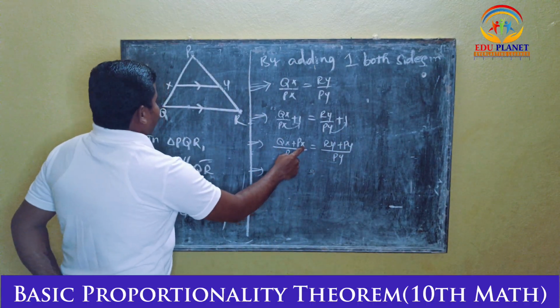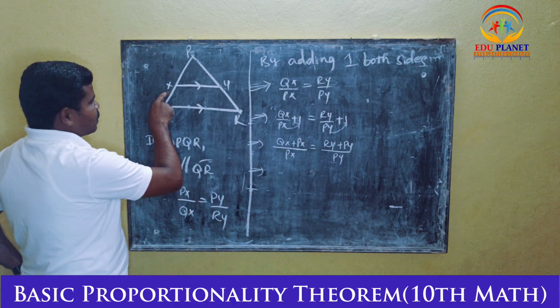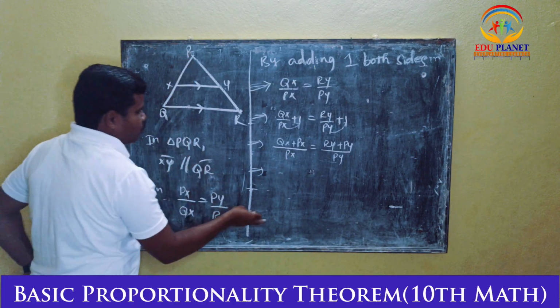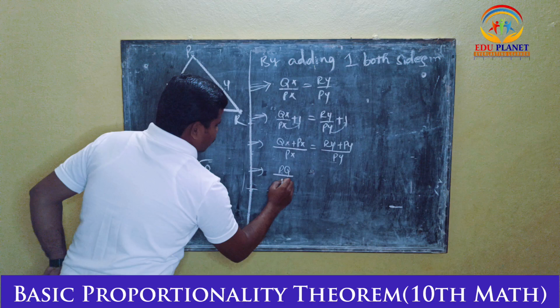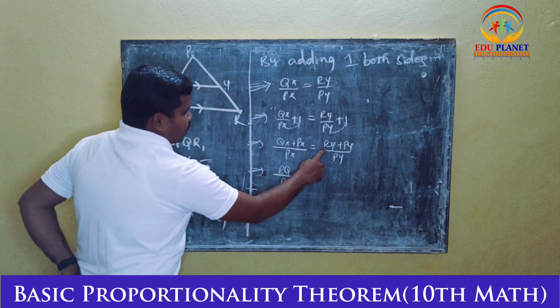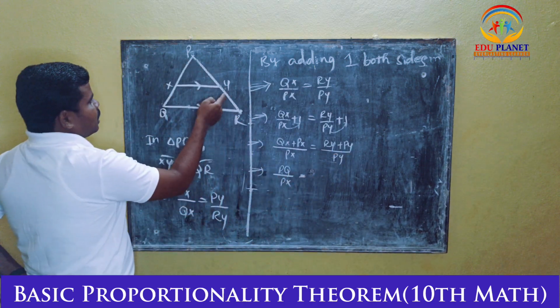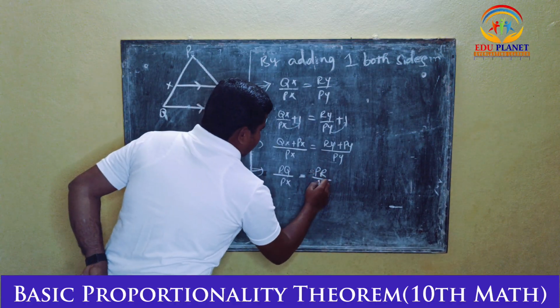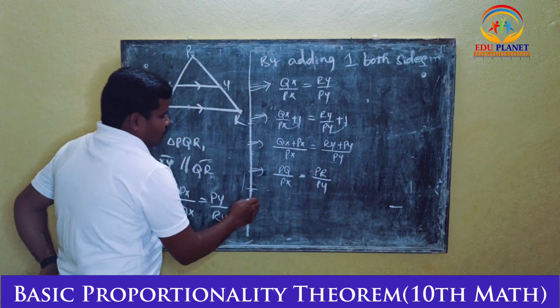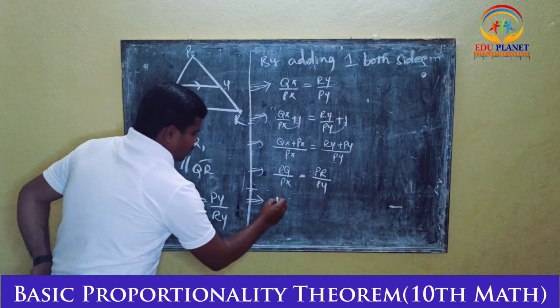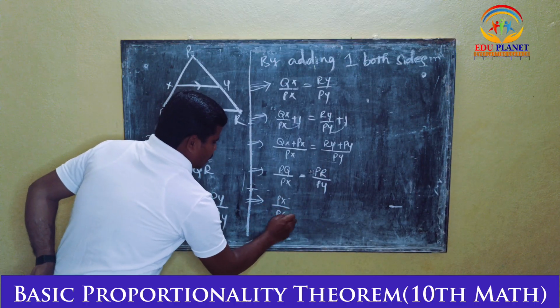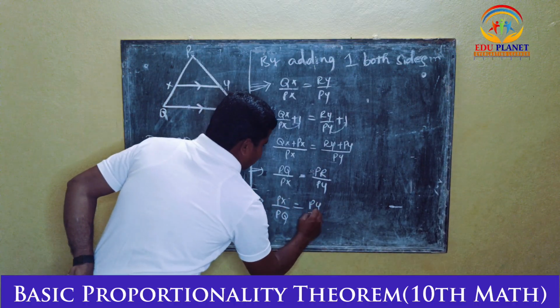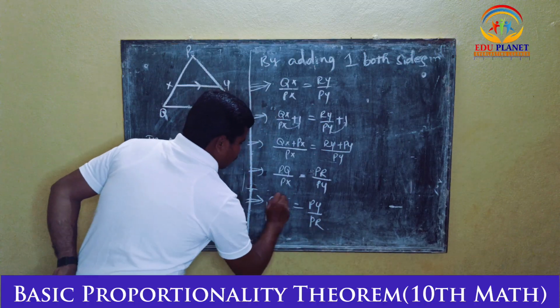QX plus PX, what can you say about it? QX plus PX is nothing but PQ. PQ upon PX equals RY plus PY, and RY plus PY is nothing but PR, upon PY. Again, write the reciprocals of them. PX by PQ equals PY by PR.